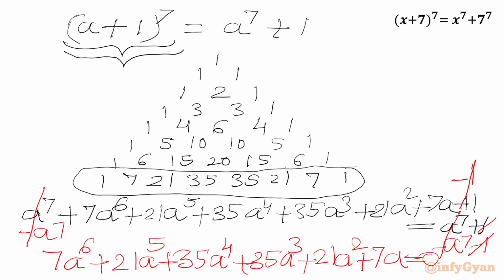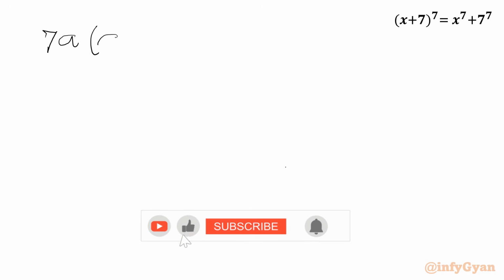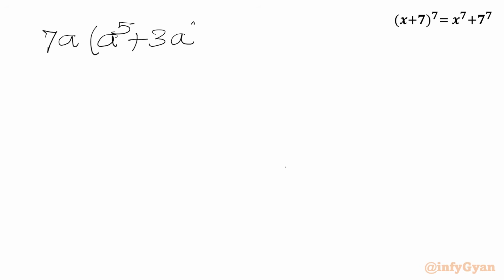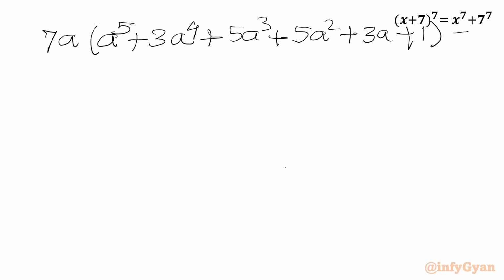Now we can take 7a common from the left hand side. So we will get 7a times the bracket: a power 5 plus 3a power 4 plus 5a cube plus 5a square plus 3a plus 1 equal to 0.